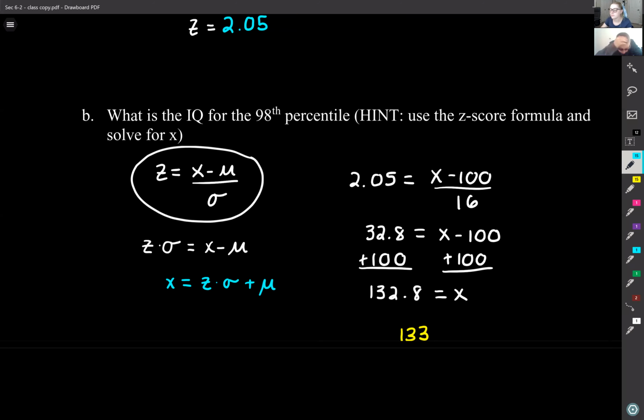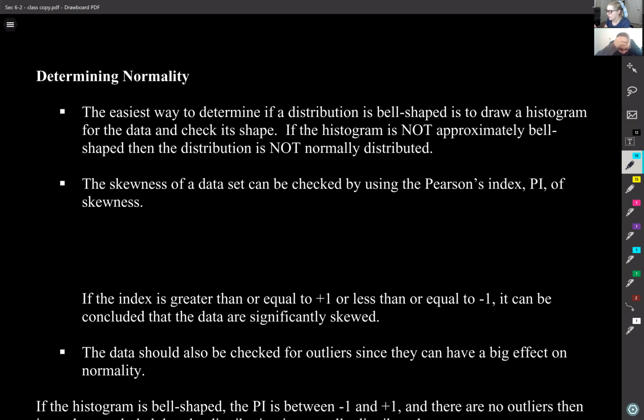Awesome. Okay, so to wrap up section 6.2, we're talking a little bit more about normality. So we've talked about the normal distribution, the standard normal distribution, and we've talked about some characteristics of them. So we're going to wrap this up right now. So determining normality. The easiest way to determine if a distribution is bell-shaped is to draw a histogram for the data.